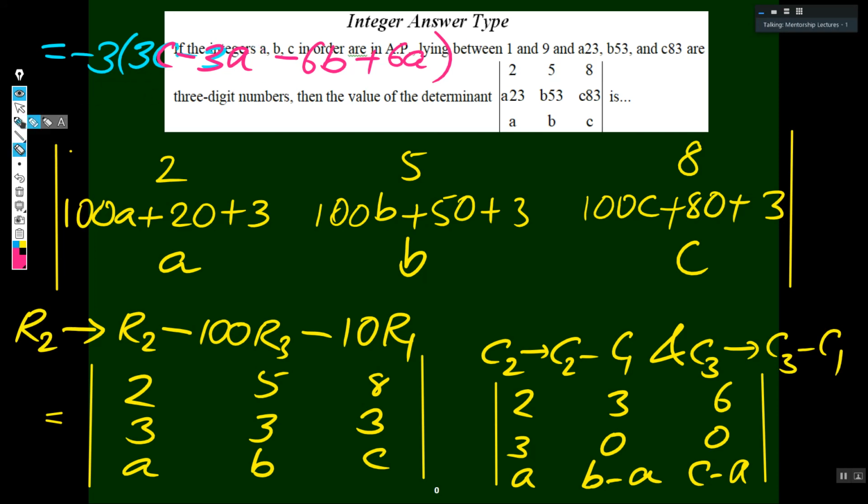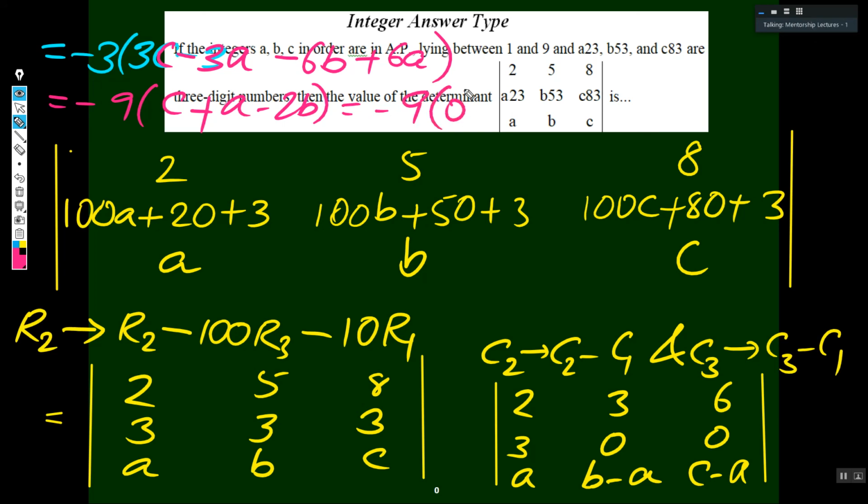Anyone, please? What is the final expression we have got? 3, you can get it out. Minus 9 into C minus A plus 2A plus A minus 2B is equal to 0.